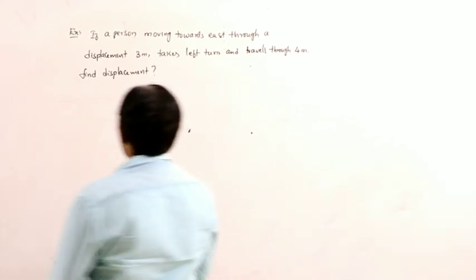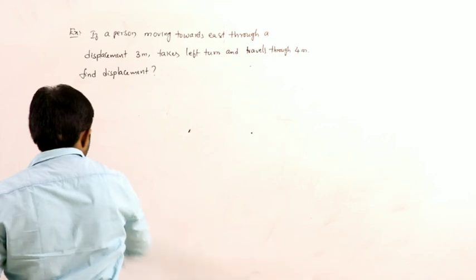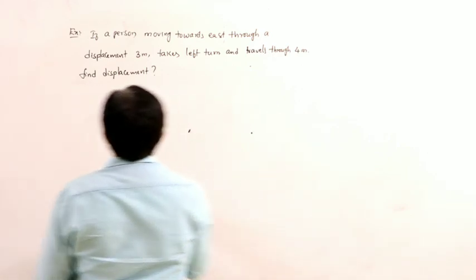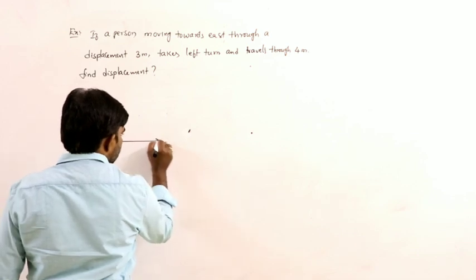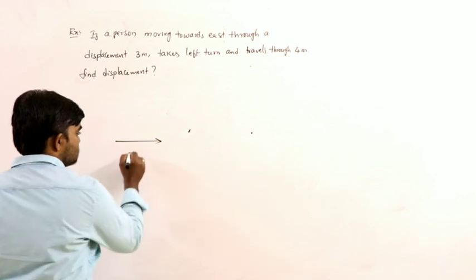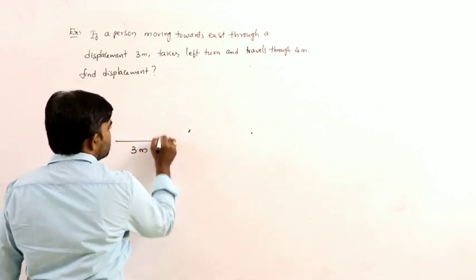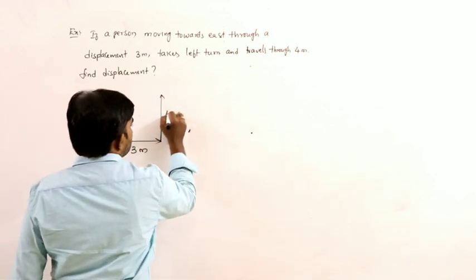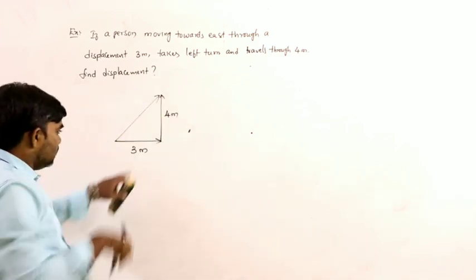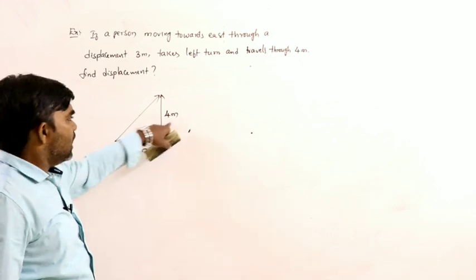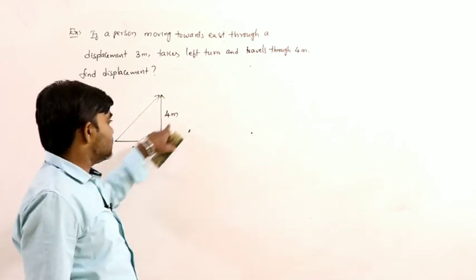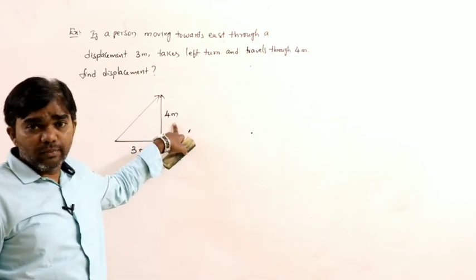Find the displacement. The person travels east through a distance of 3 meters, then takes a left and travels 4 meters. Here is the displacement of 3 meters and here is the displacement of 4 meters.